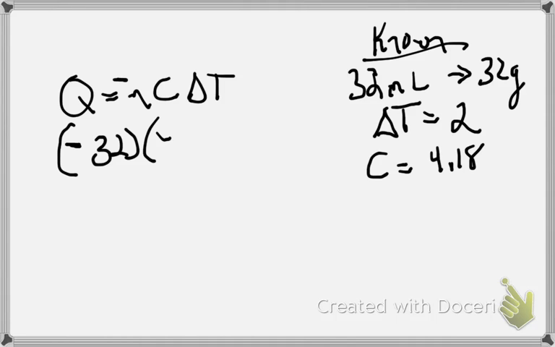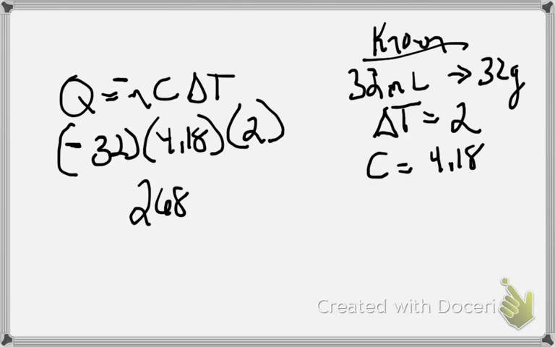My C is 4.18 because that's the specific heat of water that's on your reference sheet. And the change in temperature is 2 degrees Celsius. When you multiply all those together, you wind up with 268 joules. Fairly easy. But let's do another one.